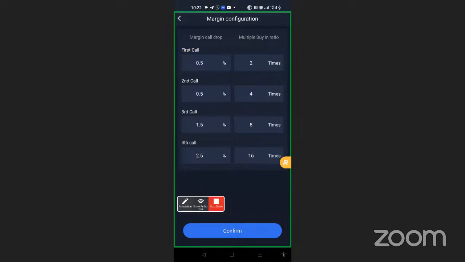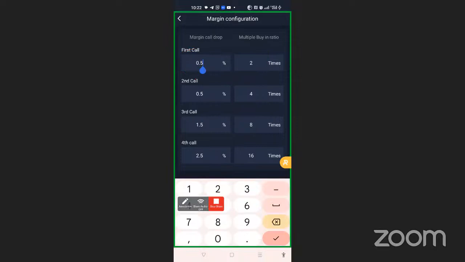Then I ask, what was the drop? Let me say the drop was 3%. I just place my 3% there. So the drop is the margin call drop.